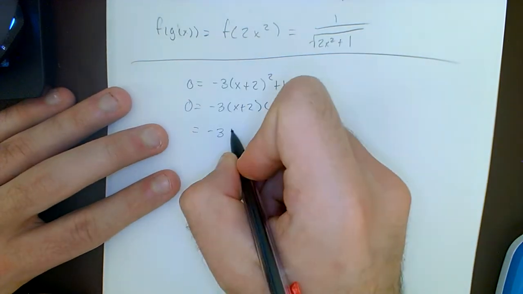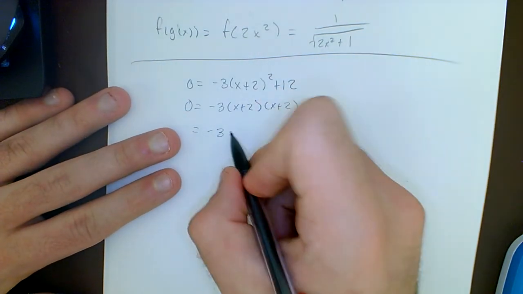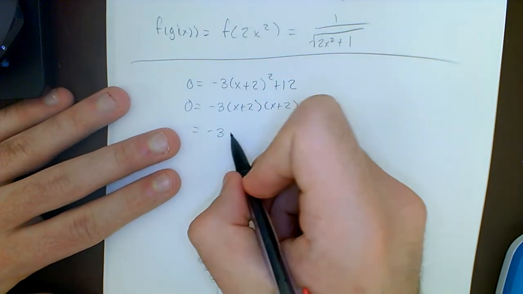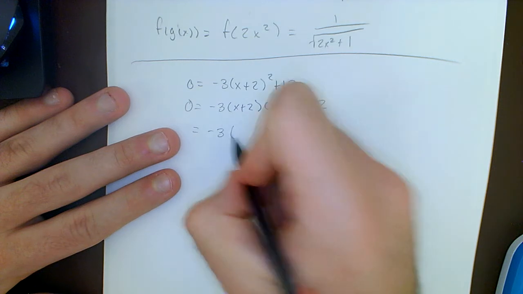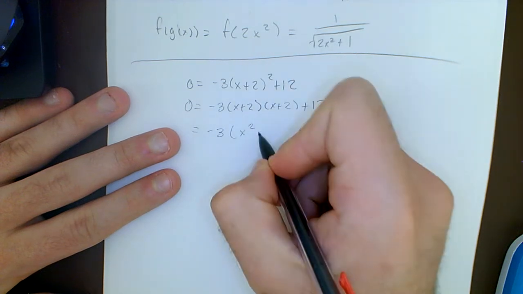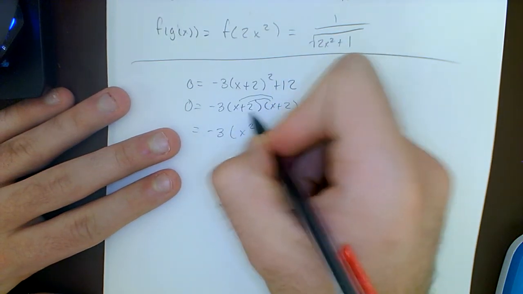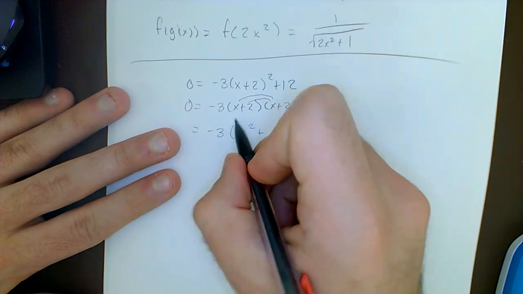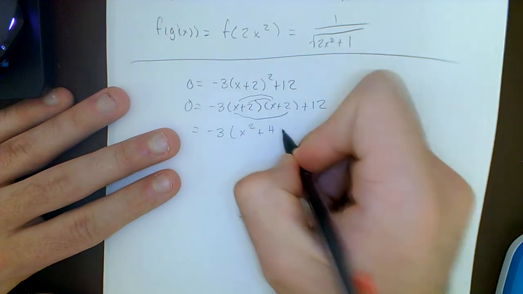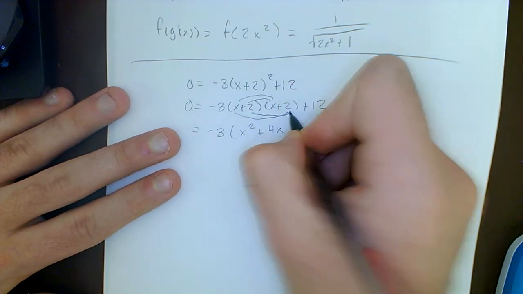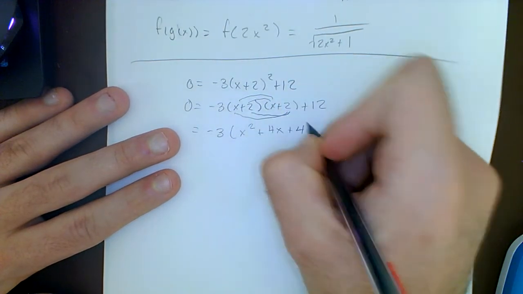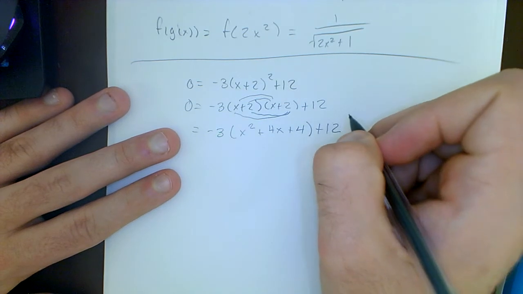Alright, so this is equal to negative 3 times x squared plus 2x plus another 2x, so plus 4x, and then now we have finally plus 4, and then plus 12.